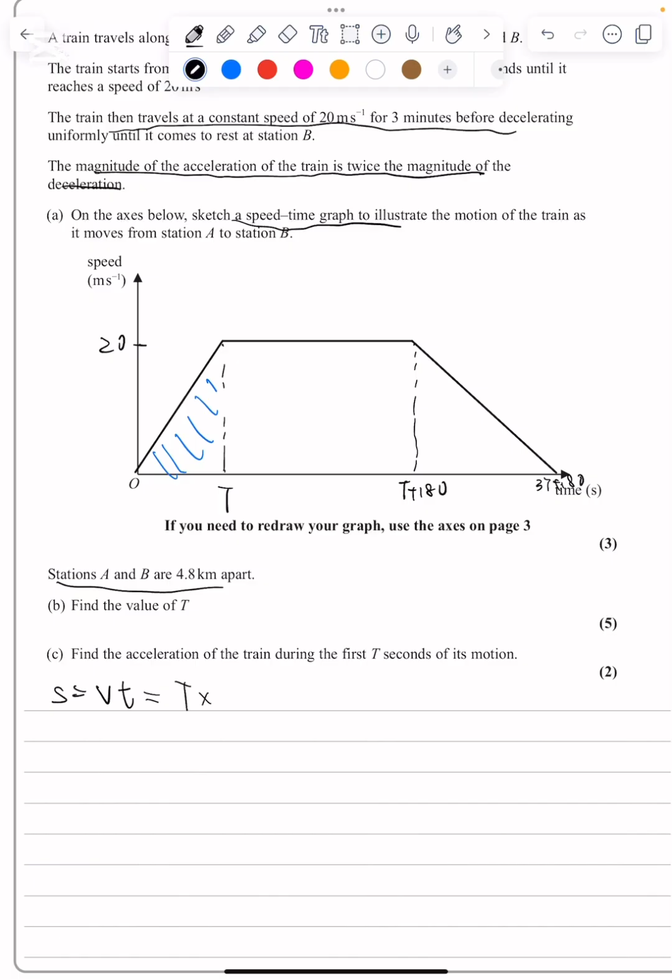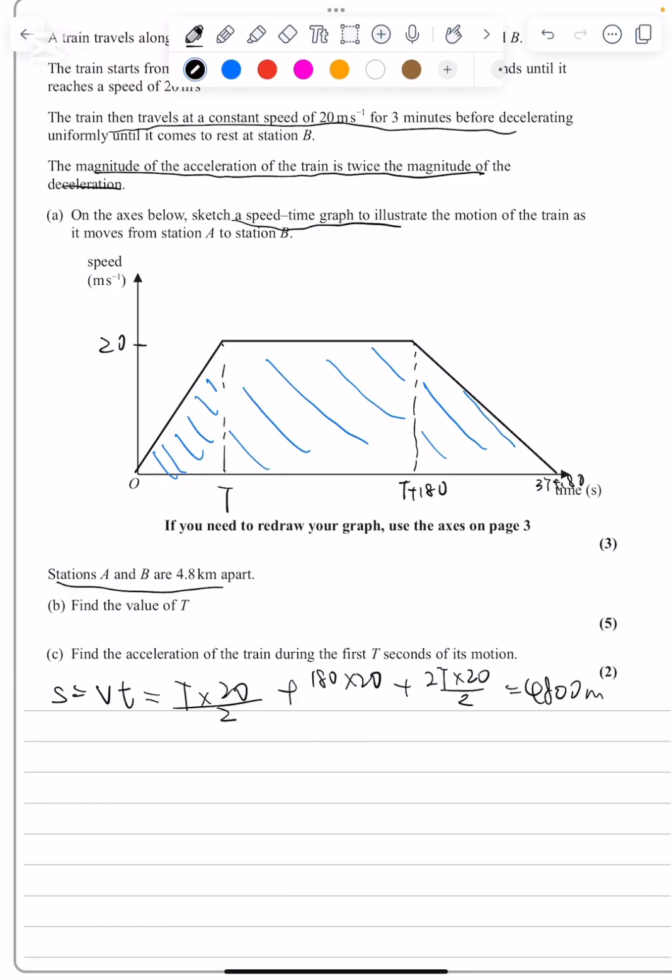This will be t times 20 over 2, the area of a triangle, and then the next part is a rectangle, so we plus 180 times 20, and then plus the last triangle, which would be 2t times 20 over 2, and then this is 4800 meters. Remember to check the units, don't just plug in 4.8.